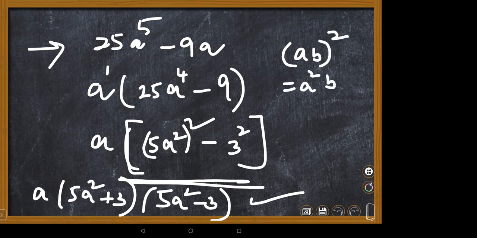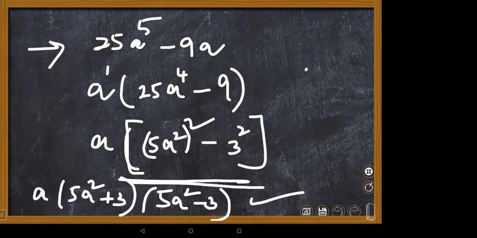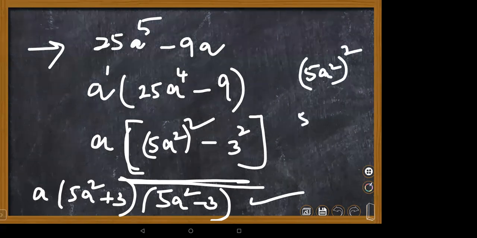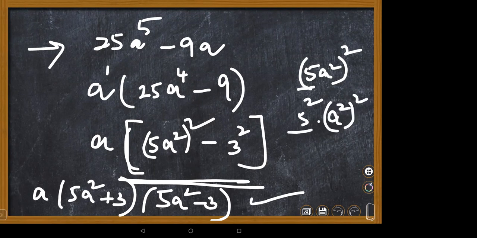Suppose it's the same situation here, but I'm taking just a simple square here. So 5a square, I'm squaring both. The square can be applied for 5 as well as a square, so (5a square) whole square can be written as 25 a power 4. A power raised to power, you should do multiplication, right?